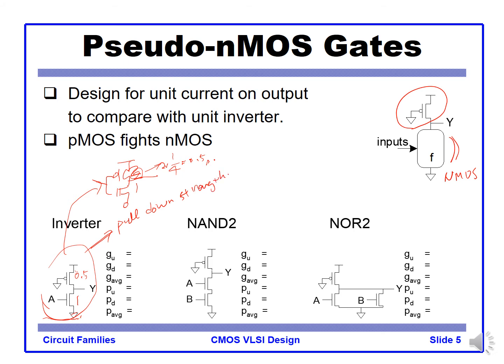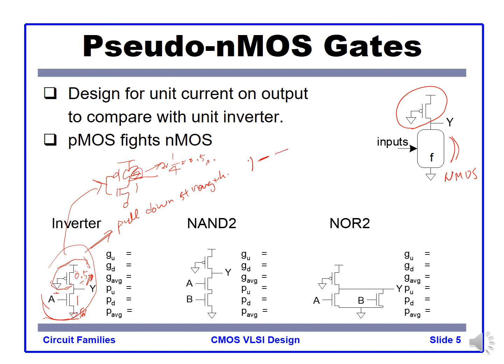Note that when you pull down, the PMOS is always on, right? So effectively it eliminates the pull down strength. So the pull down strength would be here 1 minus how much? 0.5.